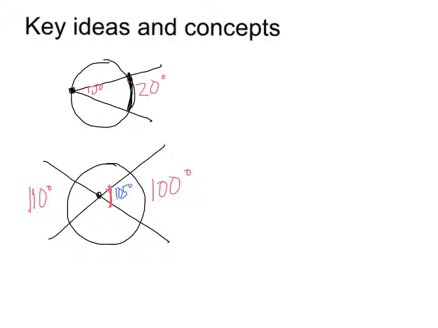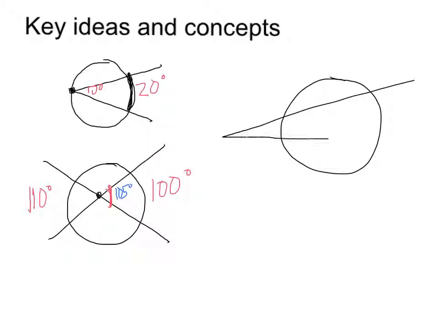And finally, the last condition is when the vertex is on the outside of the circle. And in this case, you have to take the difference. So 40 degrees minus 20 degrees, and you cut that in half, and that gives you 10 degrees.